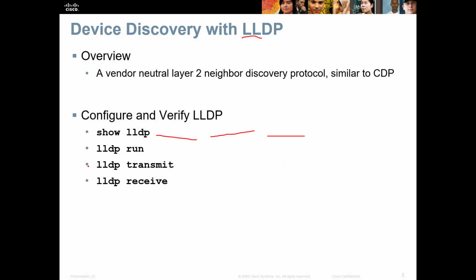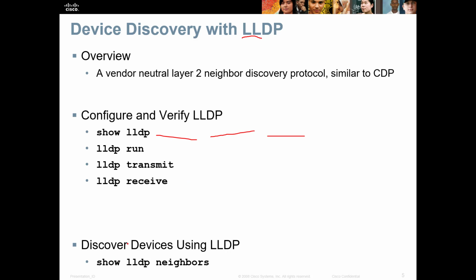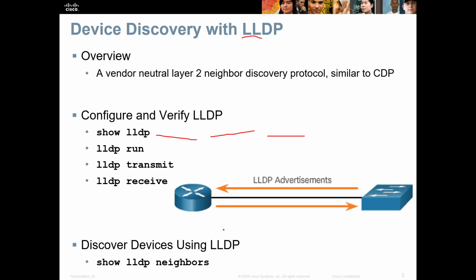Here's the run version. You can set it up to be either on transmission or receiving, all right? And then the show LLDP, you can augment it. And it's the same picture with LLDP advertisements, but again, it's advertisements, which means it's going a long way.